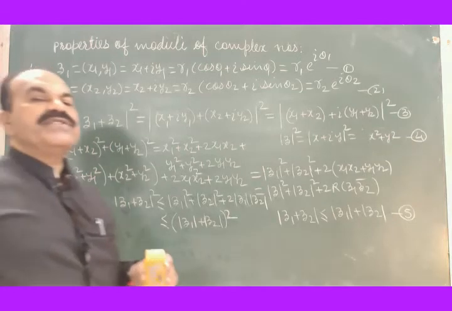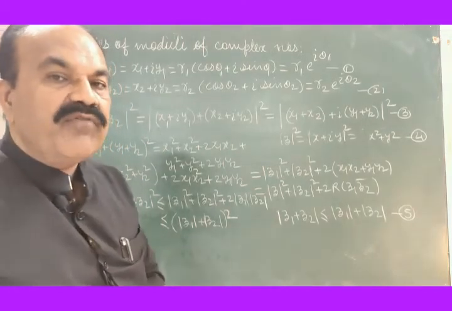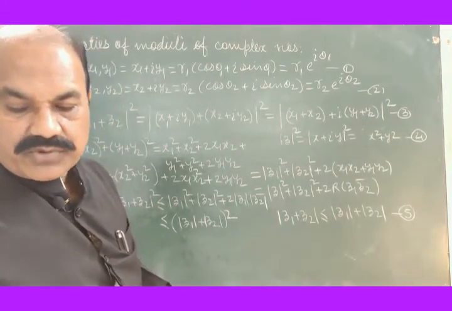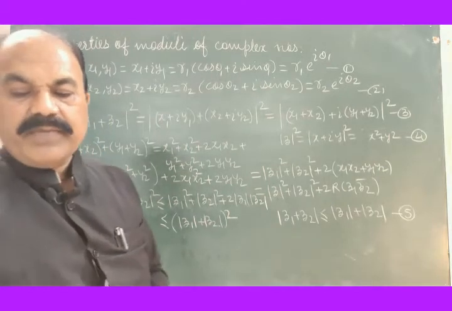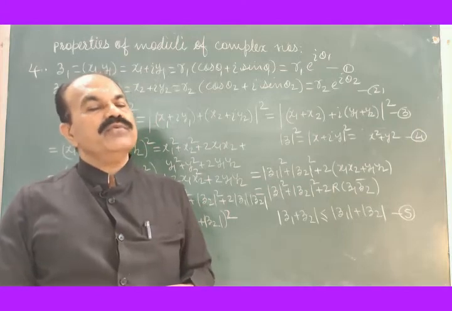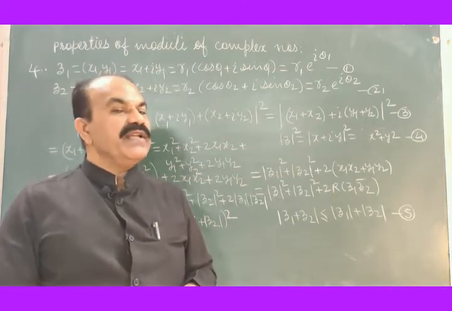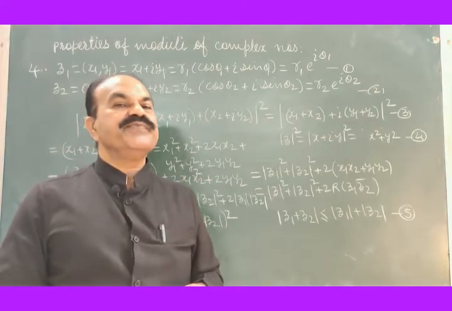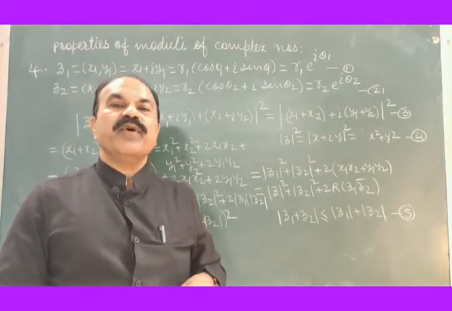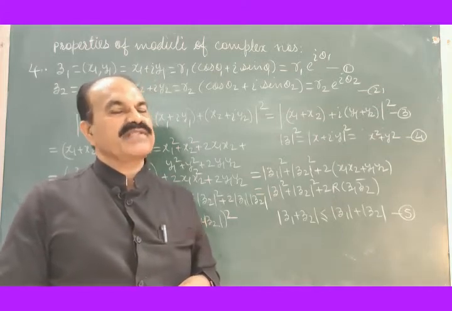Point number 4 is now about difference. Point number 1 was about multiplication or product. Point number 2 was about quotient or division. Point number 3 was about the sum of complex numbers, properties of moduli of sum of complex numbers.